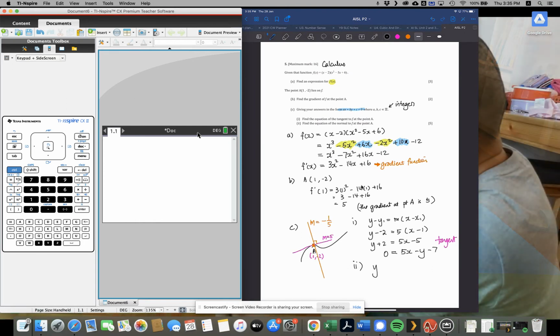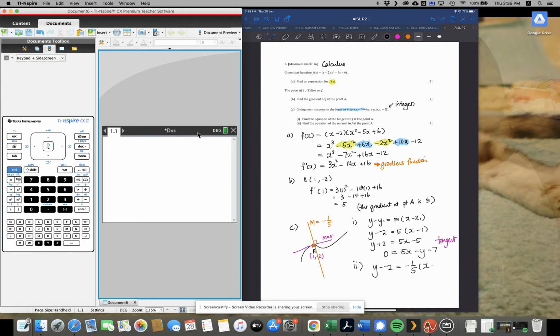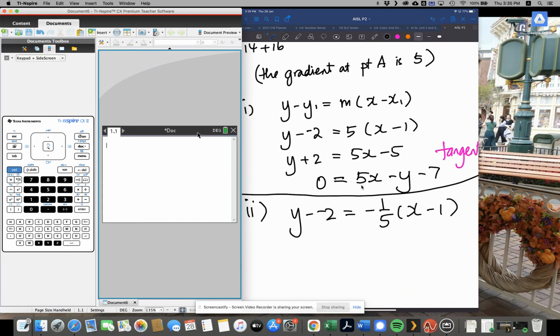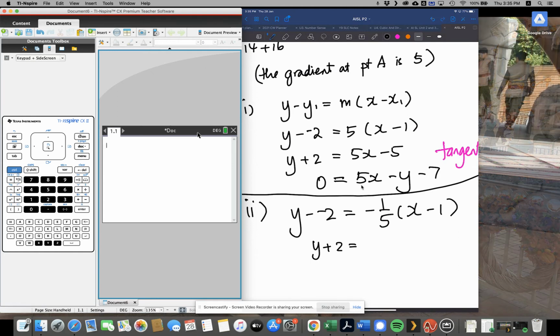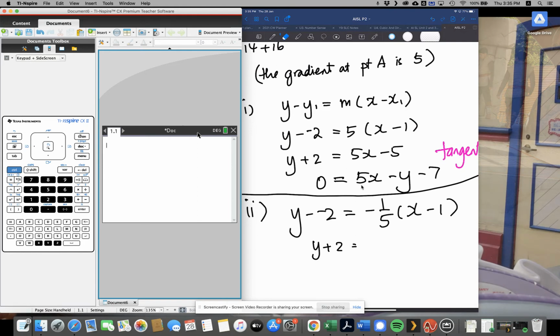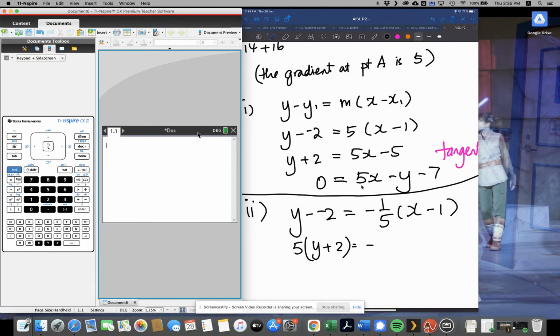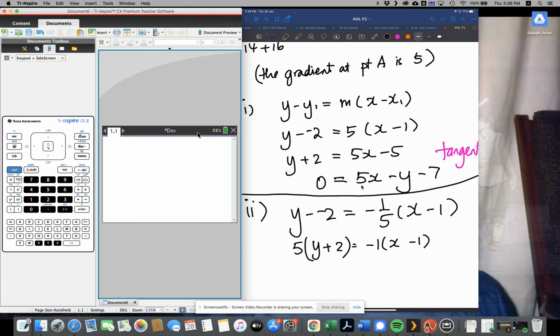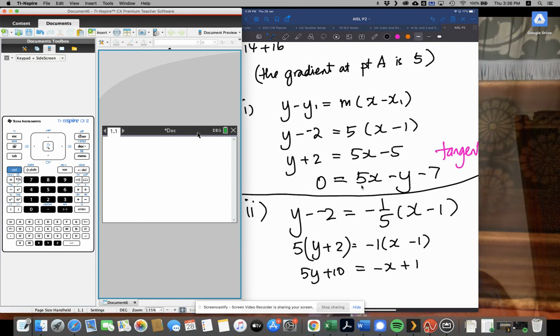Repeat the same thing. Y minus negative 2 is equal to negative 1 over 5 times bracket x minus 1. So y plus 2. Actually, I'm going to times it by 5 on each side as well. So I have negative x, take away 1, or negative 1. So 5y plus 10 is equal to negative x plus 1.